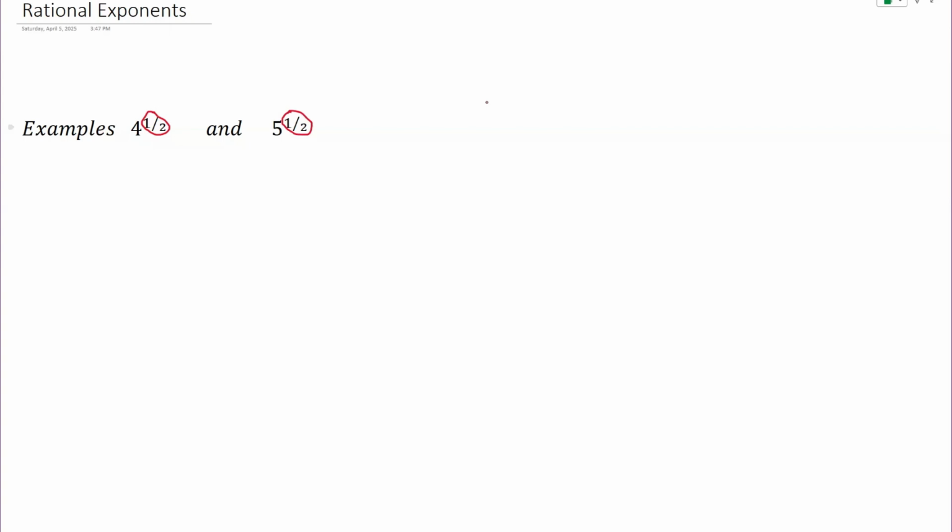So in order for us to work with the rational exponents, we have to remember our rules of exponents. So our rules of exponents were x to the nth power times x to the m power. Well, with the exponents multiplying, assuming they have the same base, then we add the exponents, right?